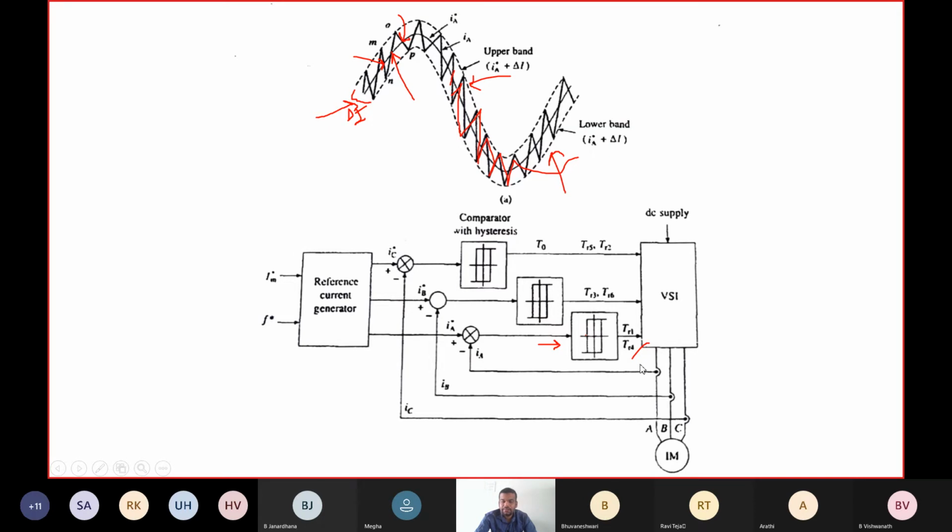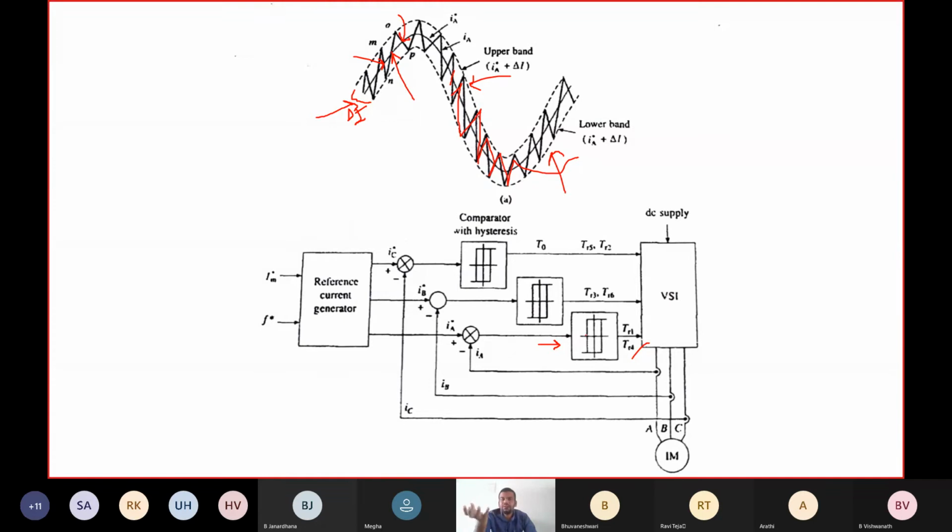These motor currents are compared with the reference current generated values, and are then fed to the hysteresis to generate the base drives to the switches.